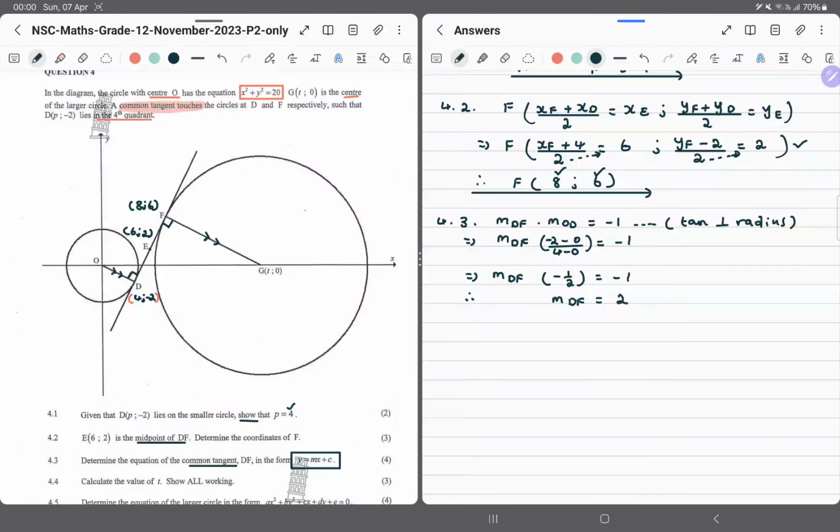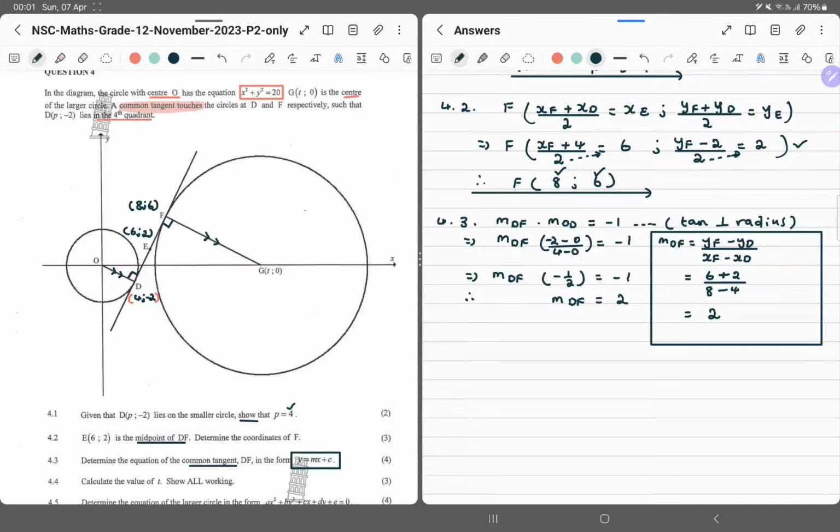Or alternatively, we can literally use the line DF directly, since we just found the coordinates of F above, and just from the usual calculations. So we would get our 2 marks in there, essentially. Anyway, let's leave this one.